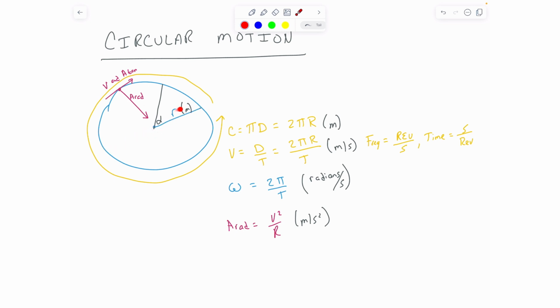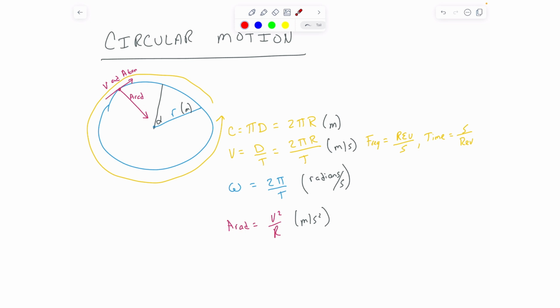Half of that is the radius. The radius we're going to measure in meters, and then this angle here. Anytime you measure angles, you should use radians. Of course, you can use degrees or whatever, but it's just easier to use radians. I'll talk about that in just a minute.